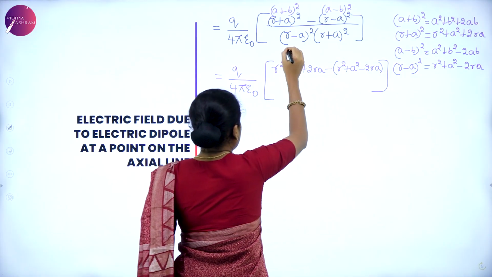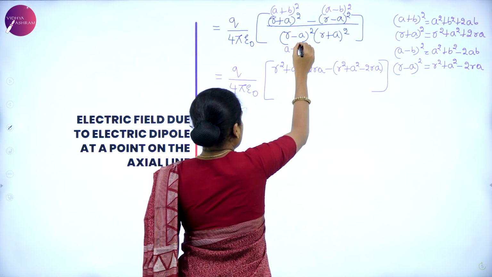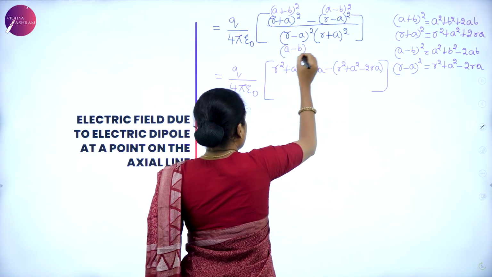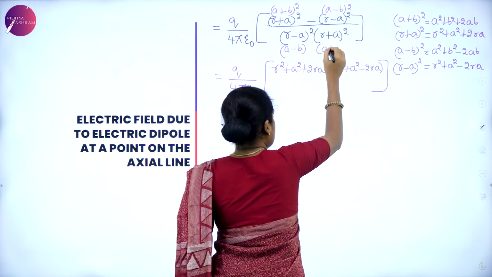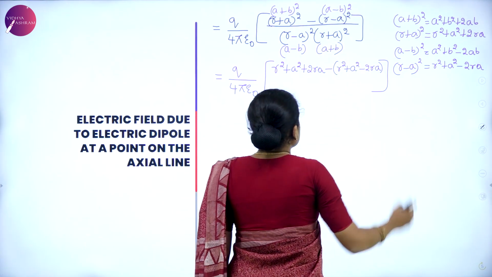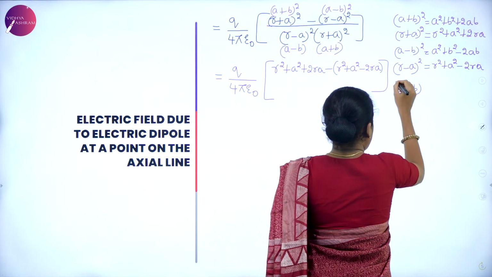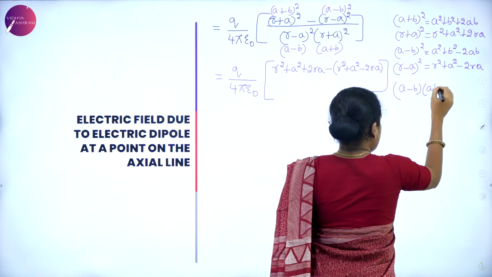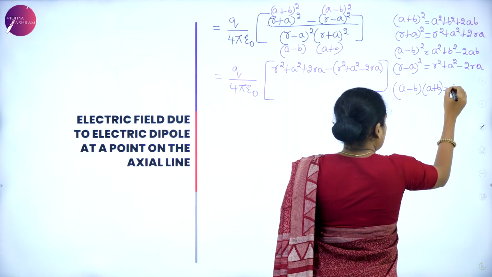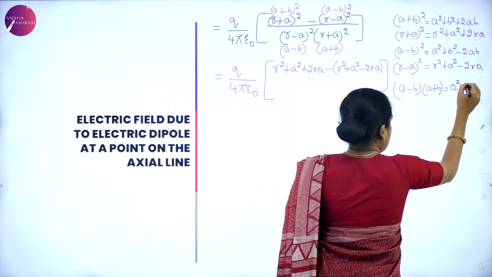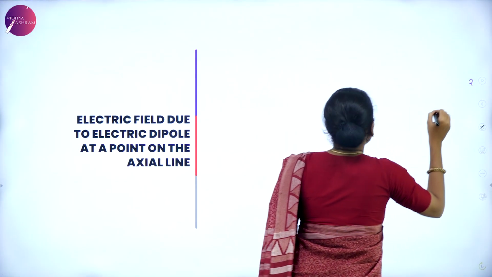And the denominator is in the form of (A minus B)(A plus B). Later we will consider square. So (A minus B)(A plus B) is equal to A square minus B square.